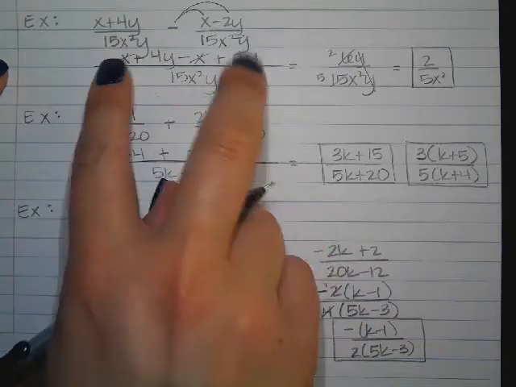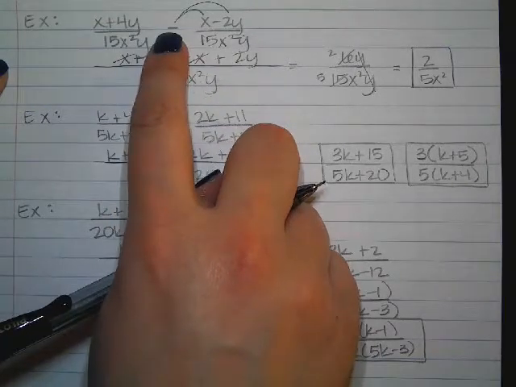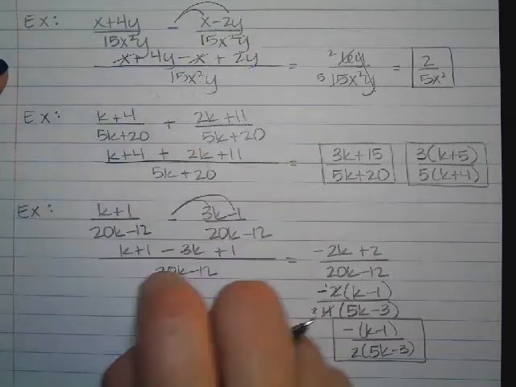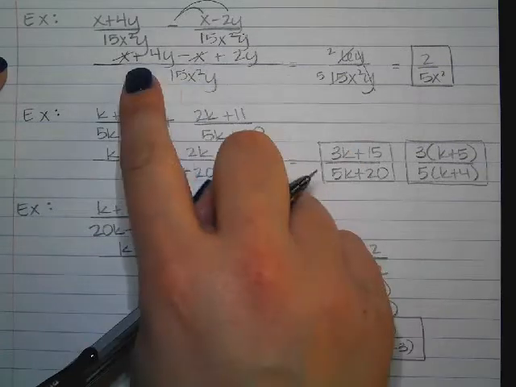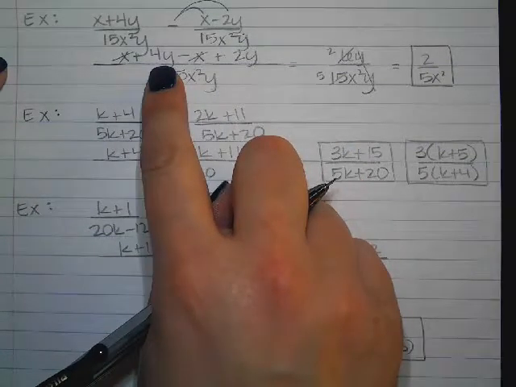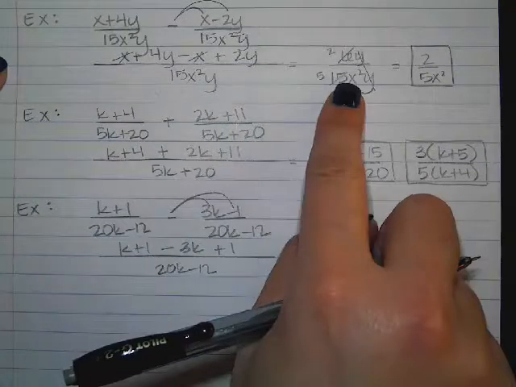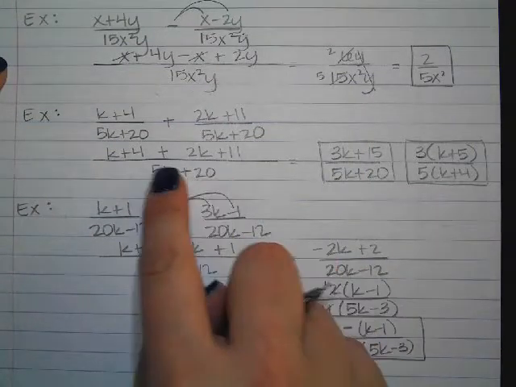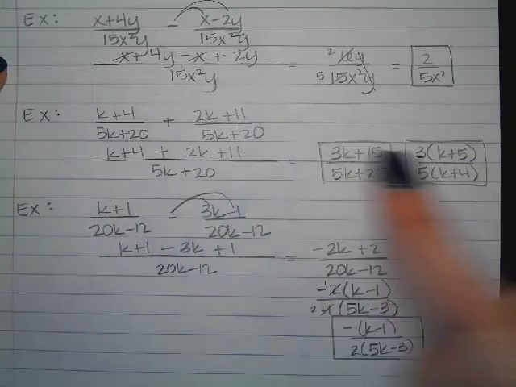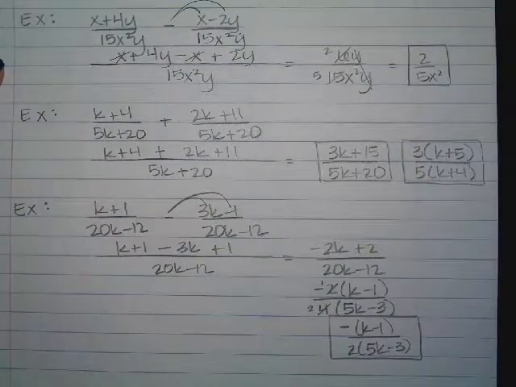So we put the common denominator there, and then we made sure that if it's a negative problem, we distribute the negative. Once it's 1 fraction, what do you have to do at the top? Combine like terms, so you just clean it up a little bit. And then after you combine like terms, what do you have to do before you say you're done? Yeah, you have to see if you can factor and do some canceling.